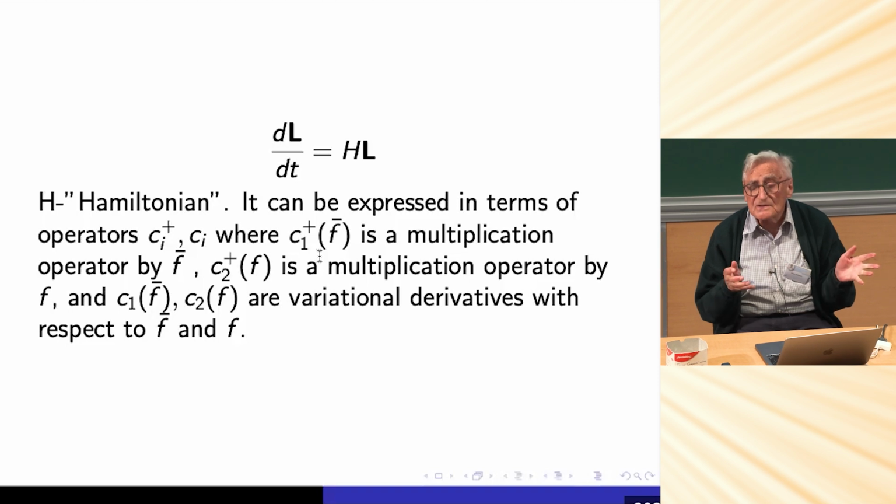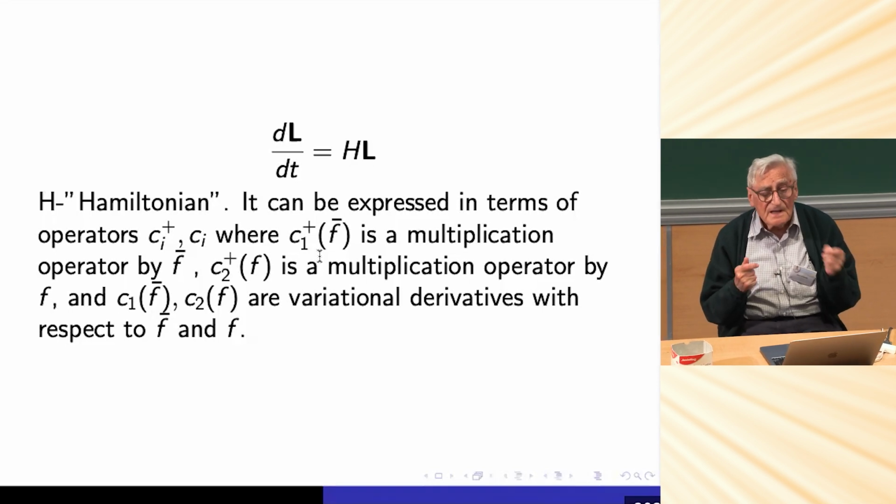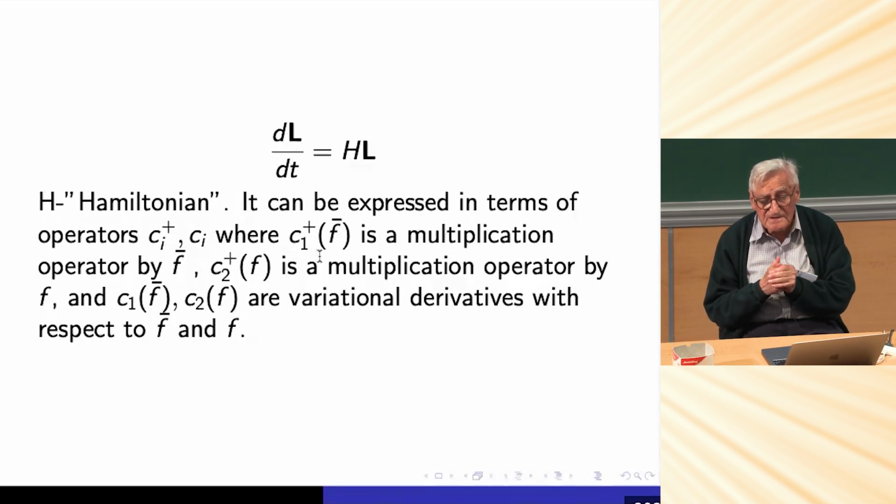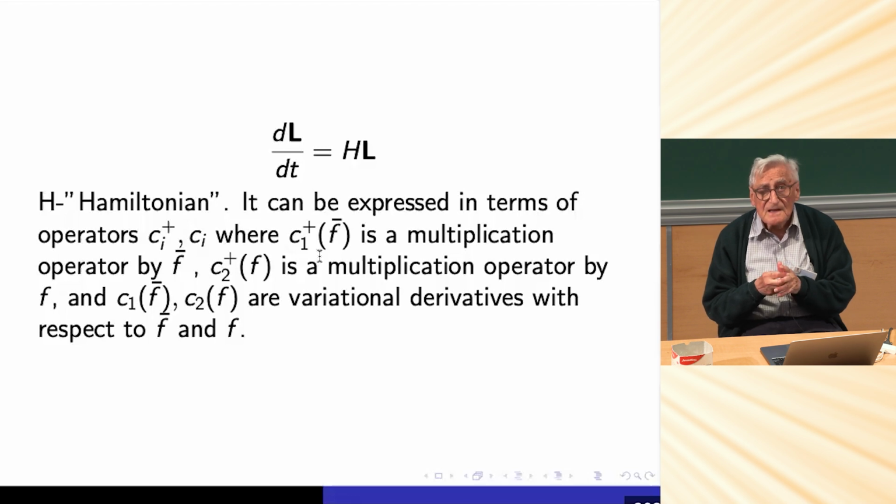However, you can go from this formal expression to some expression that acts on L. It is easy to calculate. And this operator on the space of L functionals, in many cases, is well defined, even when the original formal Hamiltonian wasn't defined.